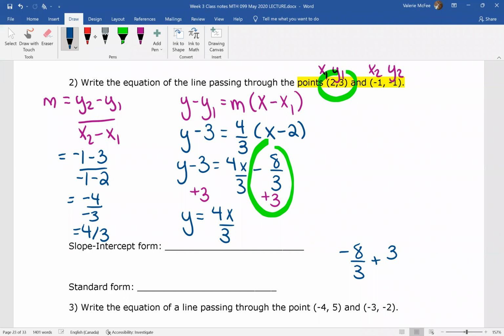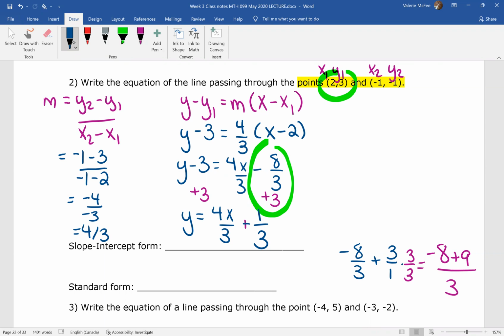Plus 3. Remember, when we're adding fractions, we need a common denominator. Means we need to multiply by 3. Common denominator, this is going to be plus 9. So that equals 1 over 3. There you go. There's our slope-intercept form.